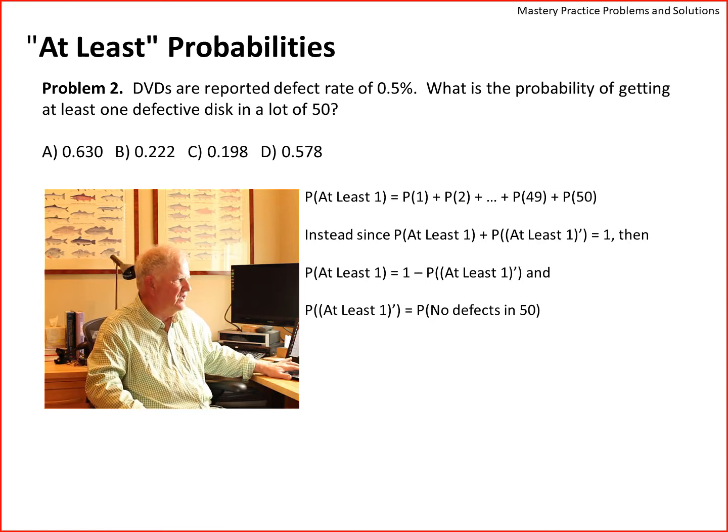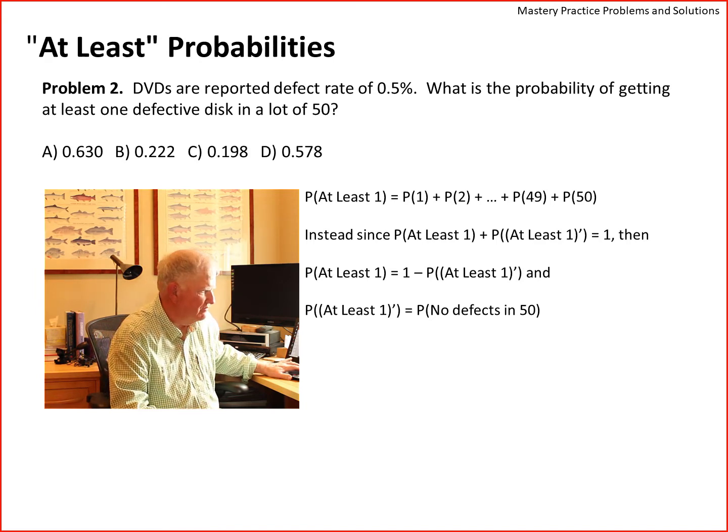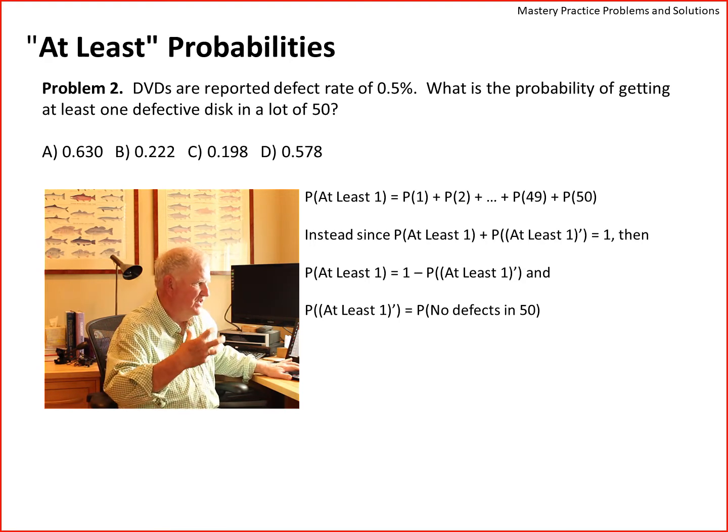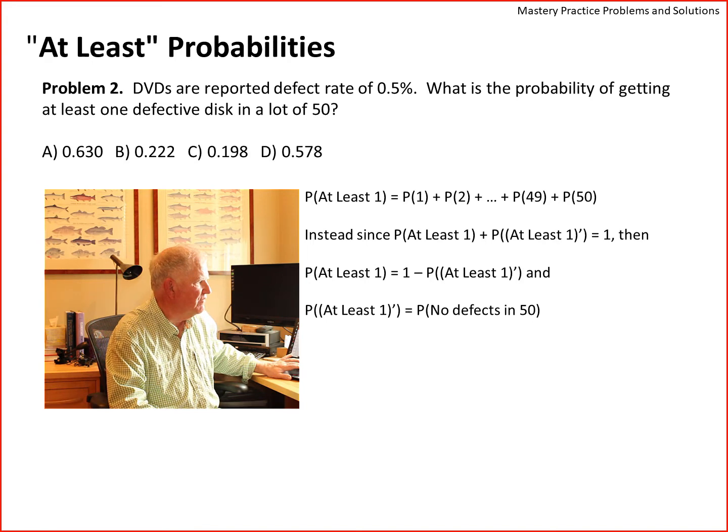We can calculate that, treating each one of these removals of a disc as an independent event. If the probability that the disc is defective is 0.005, then the probability that it's not defective is 1 minus 0.005, or 0.995.